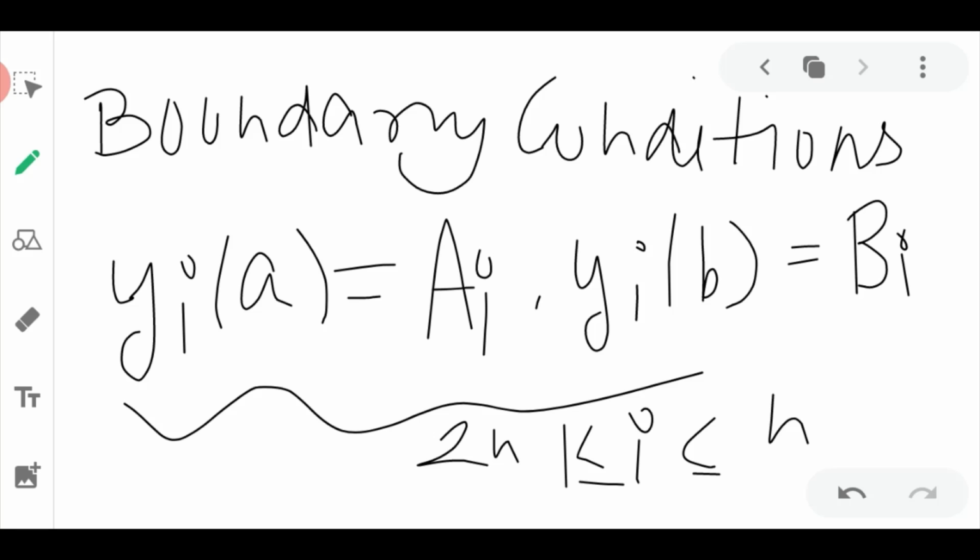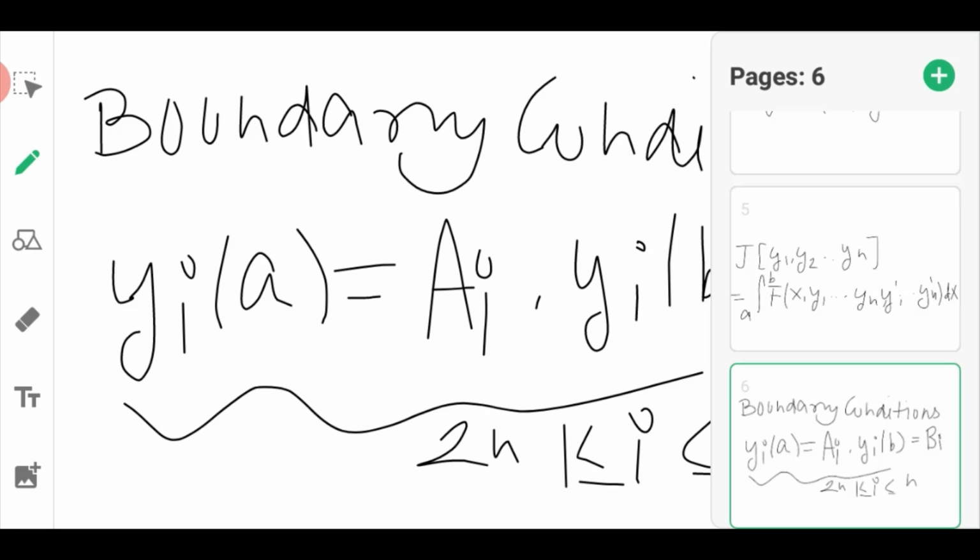As before, we are interested in the necessary condition for the functional to have an extremum, and to do that we will first find the variation, and for that we have to vary our function. Our function is y sub i of x.